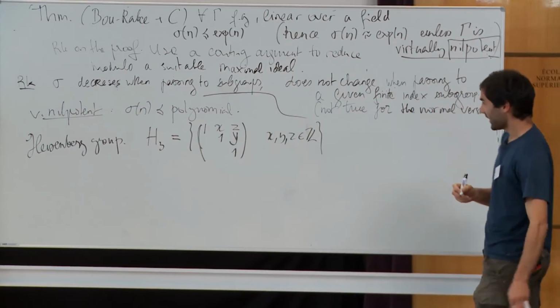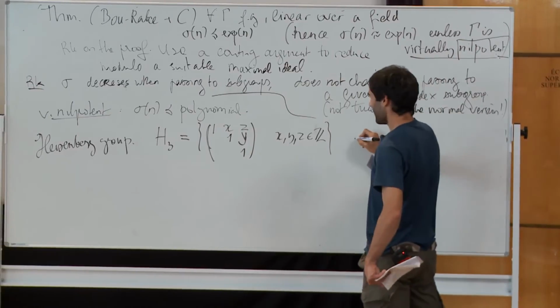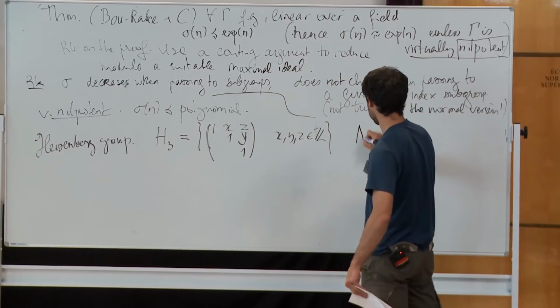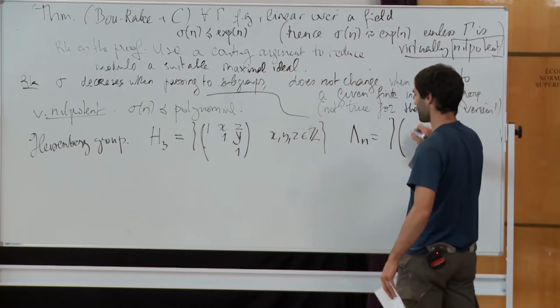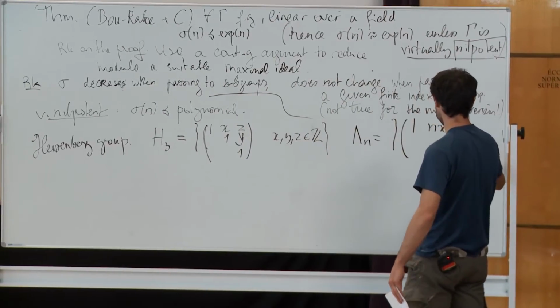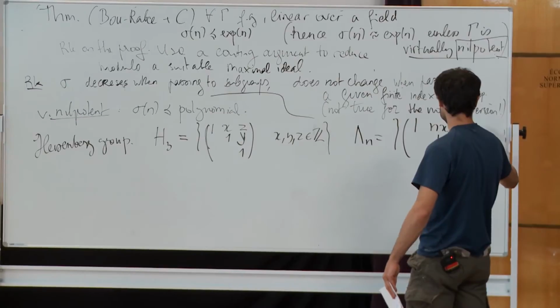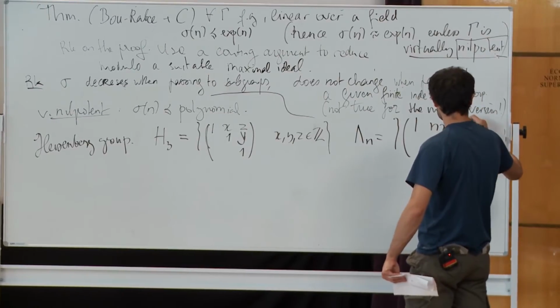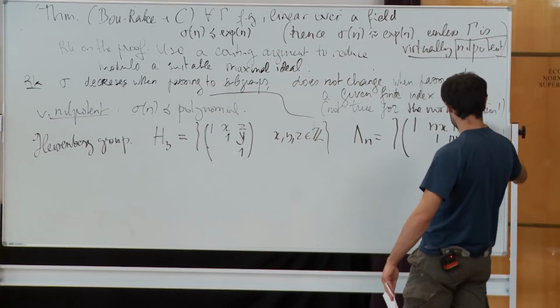If I take the integral Heisenberg group, then you consider lambda n as the set of matrices of the form 1, nx, n squared z; 0, 1, ny; 0, 0, 1.